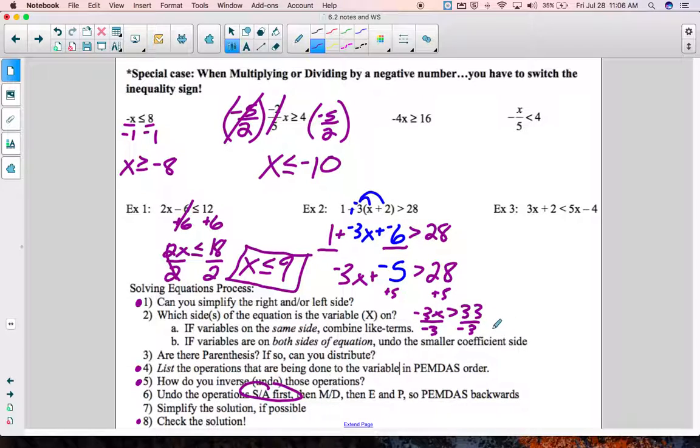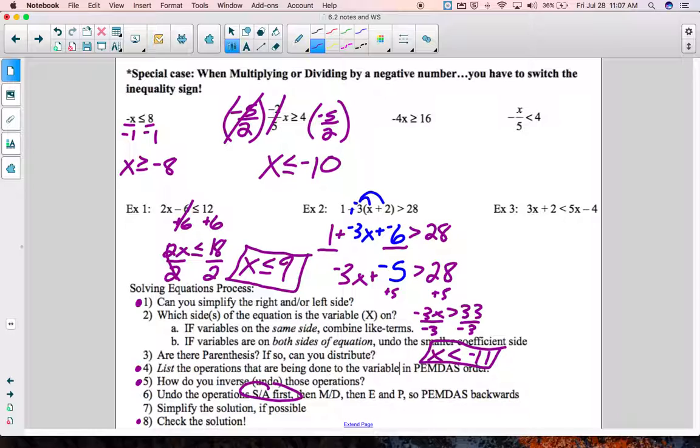Oh, we're dividing by a negative, so we get x on the left side and negative 11 on the right side. That inequality needs to flip directions. See how we kept moving it down this entire time because we never multiplied or divided by a negative, so the Pac-Man faces the same direction, but now we divide by a negative, so Pac-Man needs to eat to the right. Whoa, there's our answer. Boom.